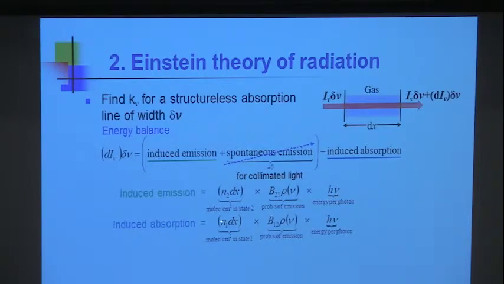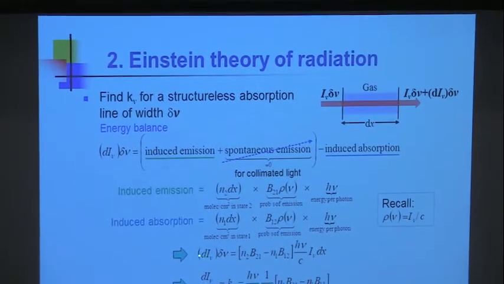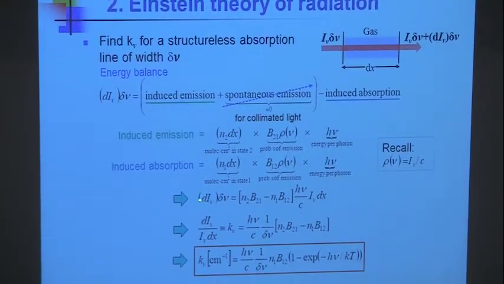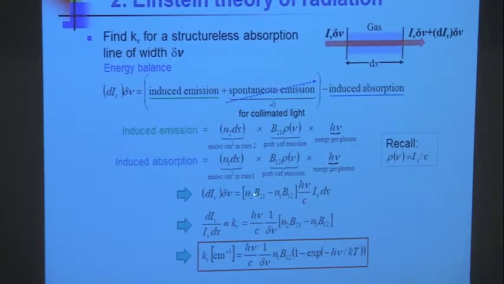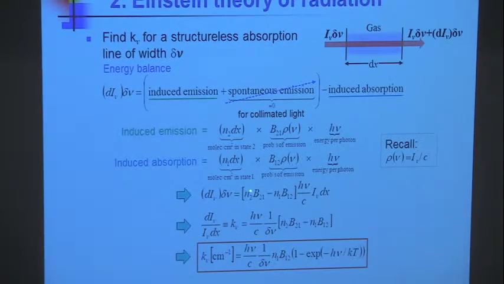I do the same thing for the absorption. I now invoke my simplification to relate Einstein's units to my units of intensity. Write it out. So here's the delta. It's the difference between these two terms. This is the differential, the emission followed by the absorption.